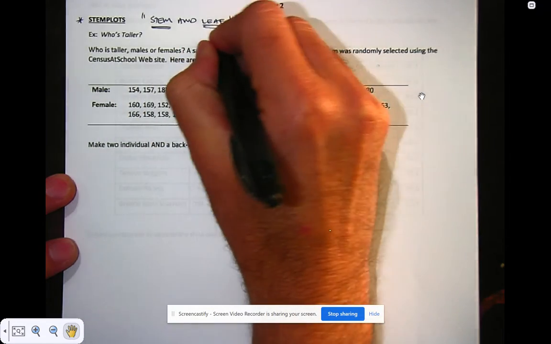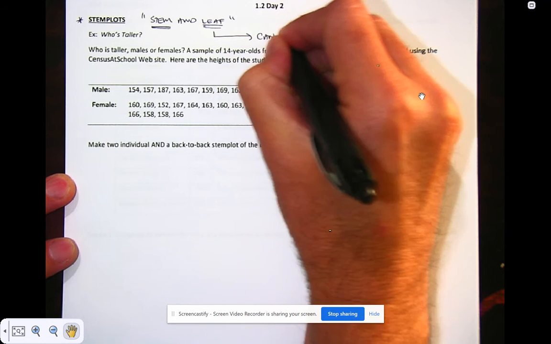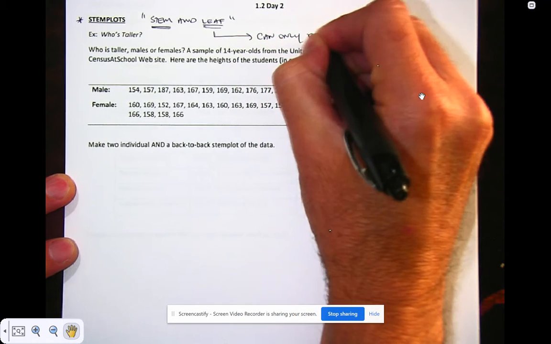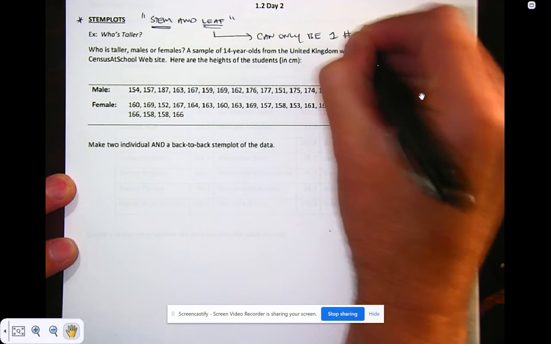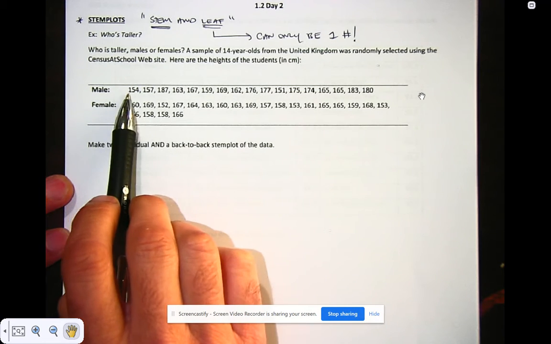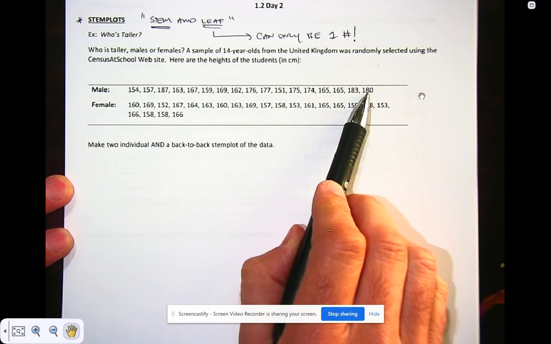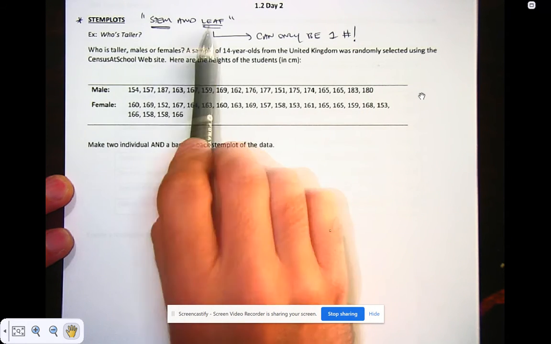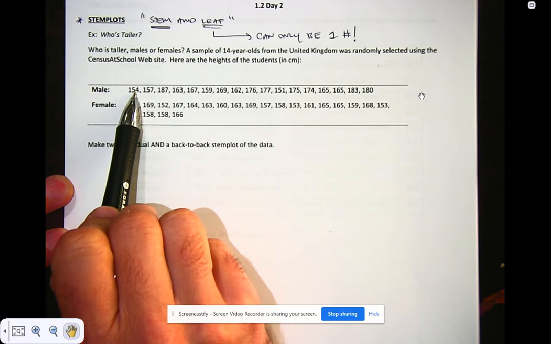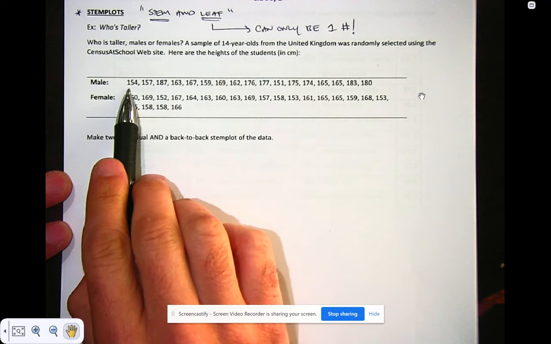And the main thing here is that your leaf can only be one number. When you look at these numbers, which are heights in centimeters, since the leaf can only be one number, we're going to make the stem the first two digits. It's kind of hard to explain without actually doing it, so let's just jump in here.